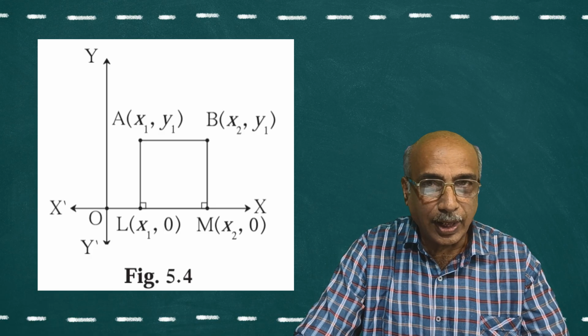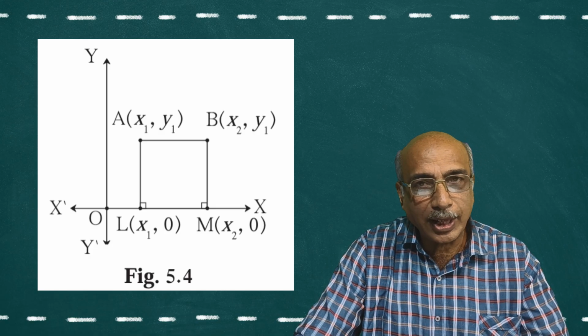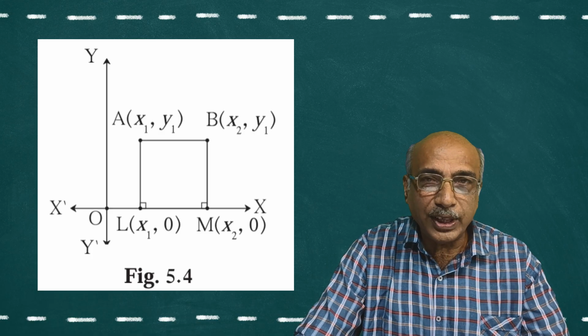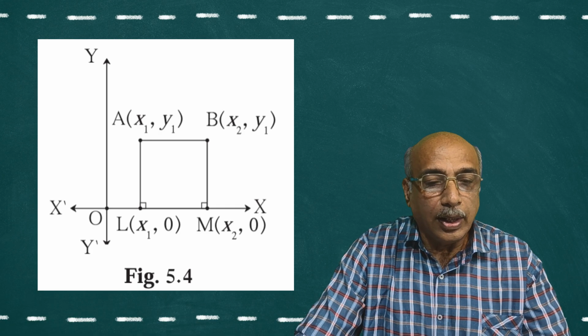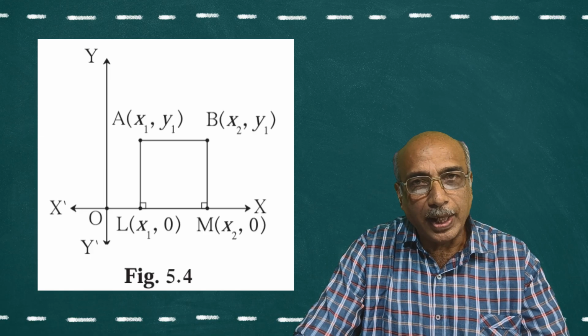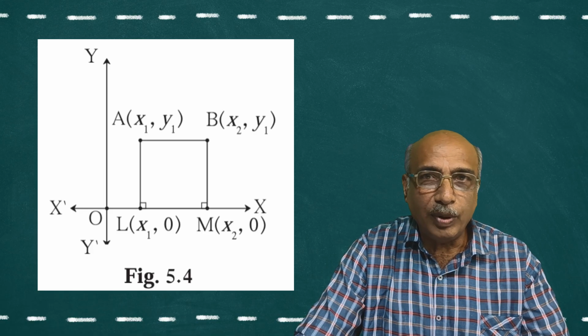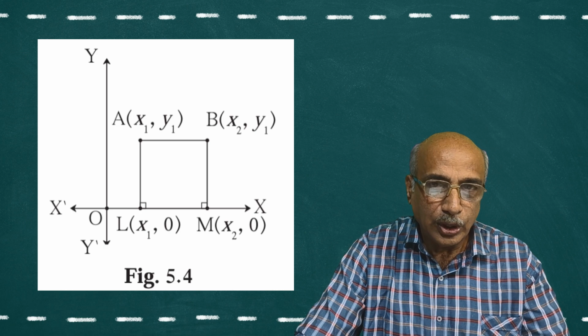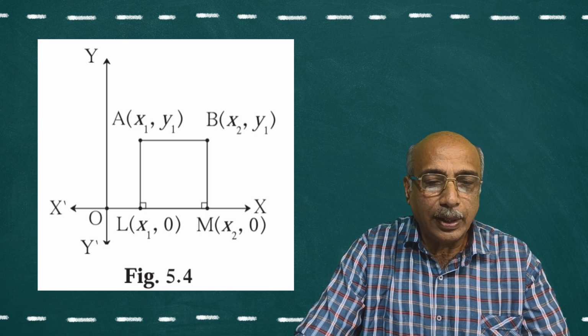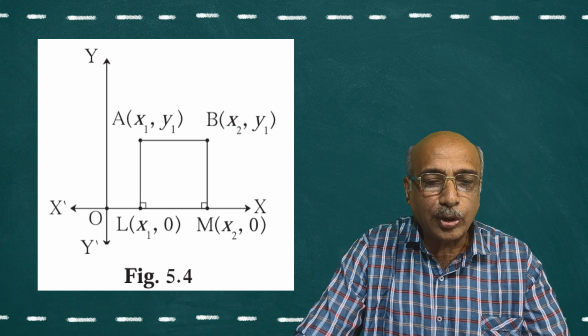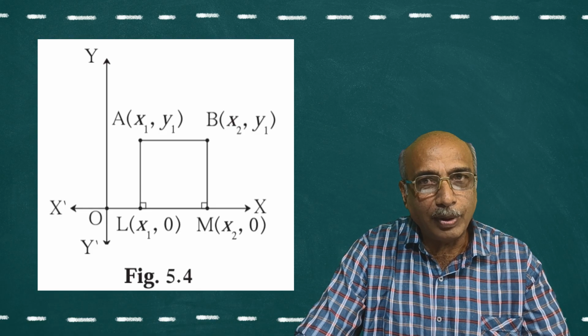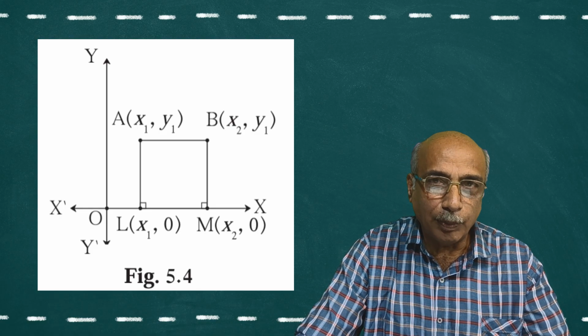So distance LM will be x2 minus x1. The coordinate of A will be (x1, y1), coordinate of B will be (x2, y2). So the distance between AB will be x2 minus x1, because y coordinate is constant for both the points.